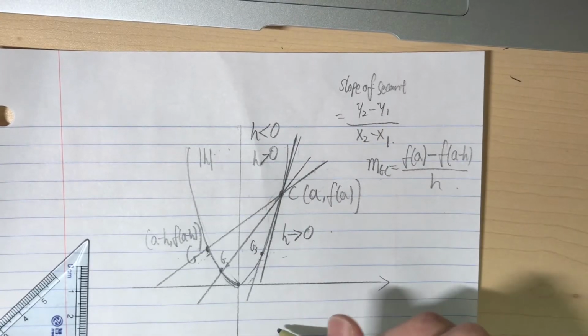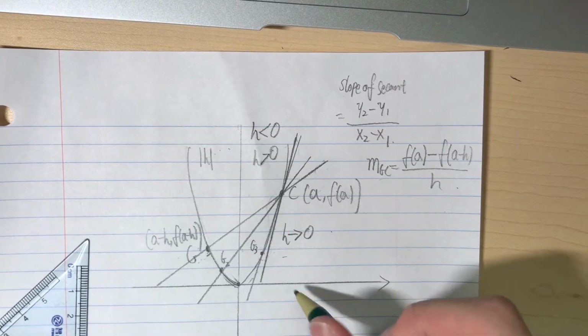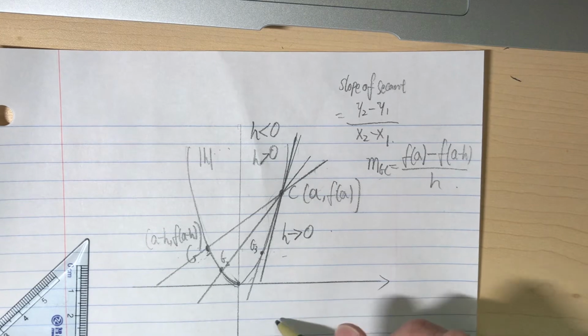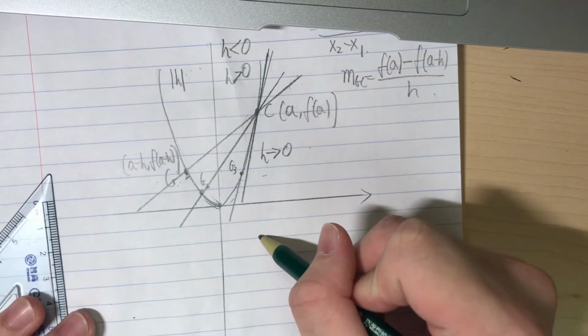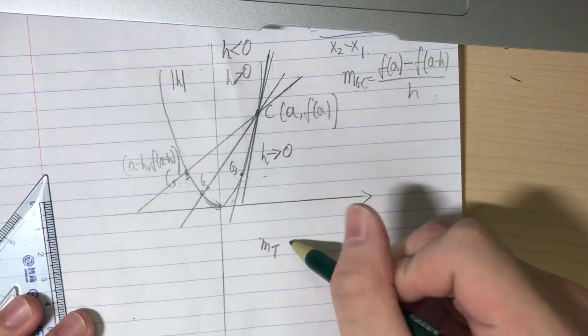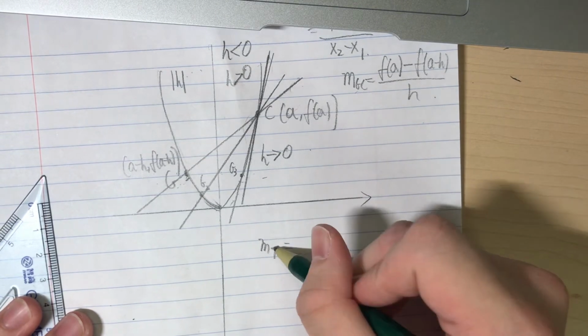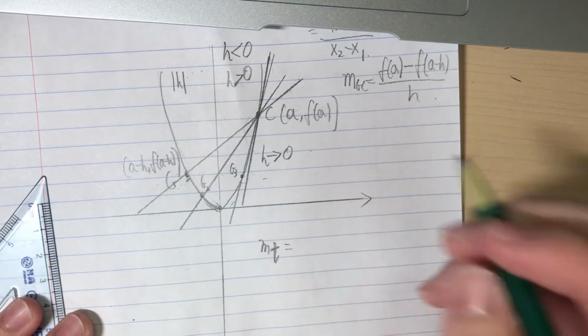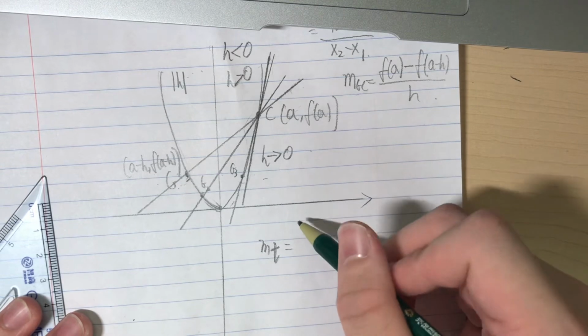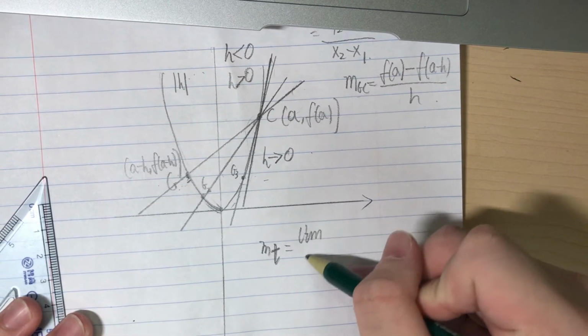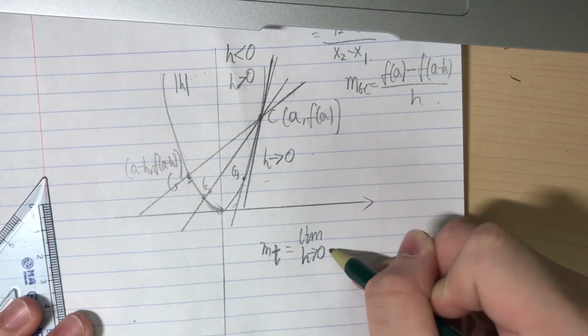And now I will write the slope of tangent formula, which is m_T, the slope of tangent, and m_T is equal to the limit as h approaches 0.